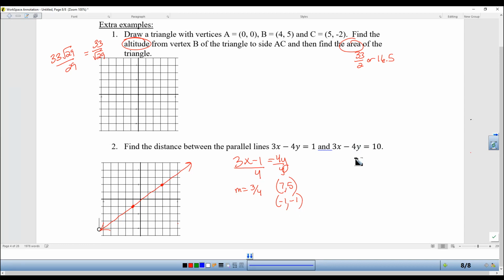And then my blue line is going to be 3x minus 10 is equal to 4y. Again, divide by 4. And while you may eventually want to write it like this, I don't want you to start at 5/2. I want you to plot one good point, and that's easier to do from that format. So I need to think of a number that when I multiply by 3, the first one that comes to mind is 6, because 18 minus 10 would work.